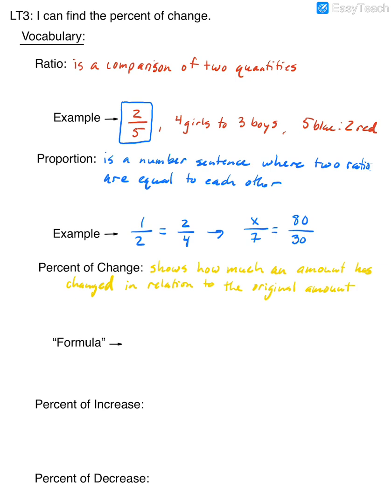Okay, so here, a comparison of two quantities. So this is still going to be dealing with ratios. So we're showing an amount that has changed in relation to the original amount. So you have the starting value, and we want to be able to see how much it changed in relation to that starting value.